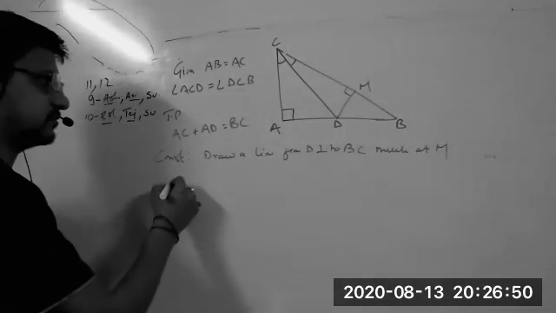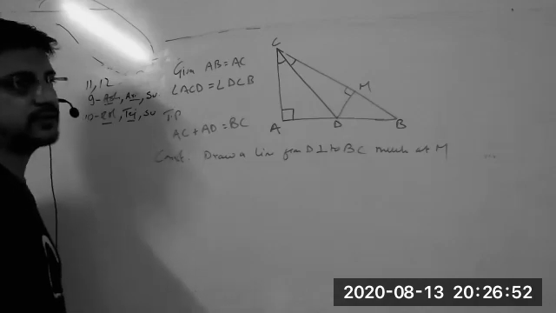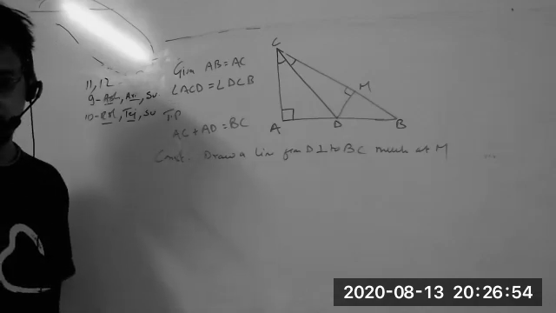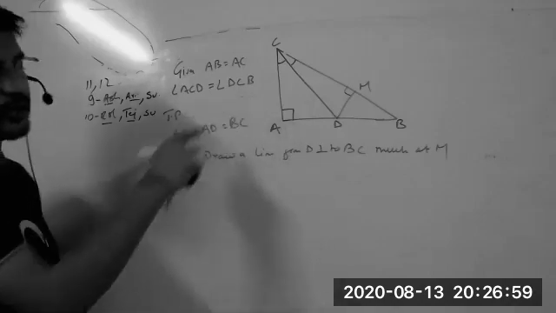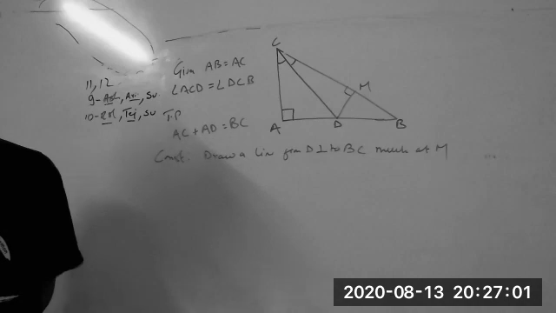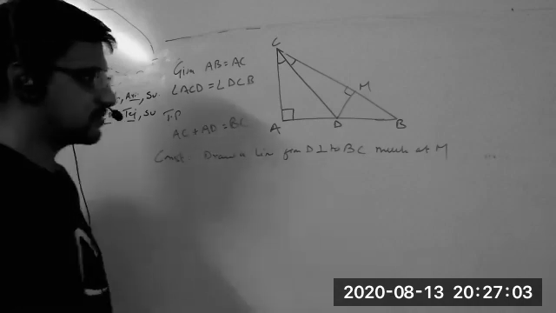Sir, why should we draw it? To solve the question, Aristan. This is the first time you are drawing? You have done it for the previous question also. Yes, sir, I saw it somewhere.